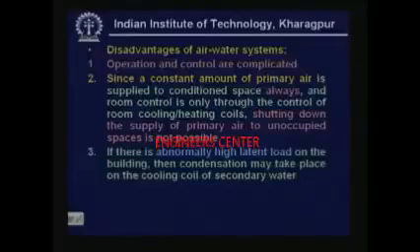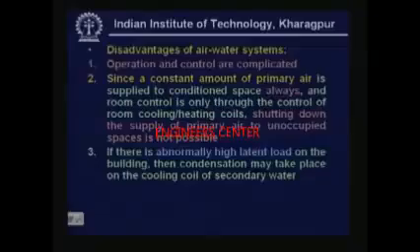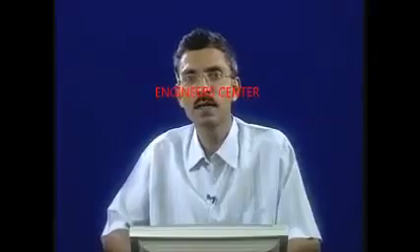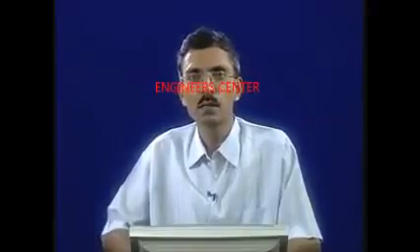If there is an abnormally high latent load on the building, then condensation may take place on the cooling coil of secondary water. That means even though you assume that you have taken care of all the latent load by conditioning the primary air, if the outside conditions or the inside conditions are such that the latent load on the building is abnormally high, that means more than the design load, then some amount of condensation takes place in the room unit itself.